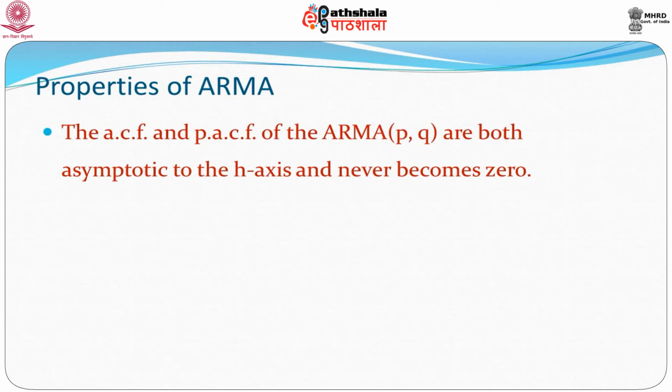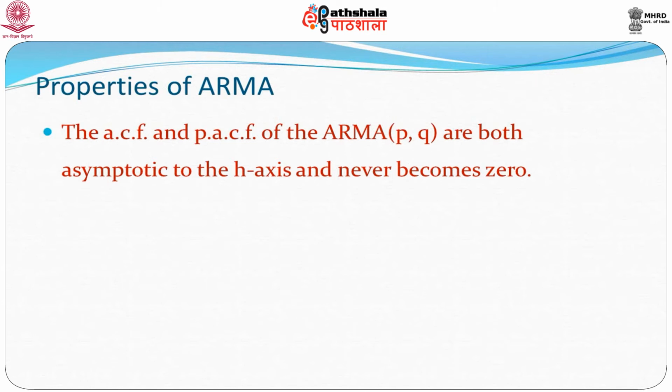Now, generalizing this for an ARMA process, the ACF and the PACF are both asymptotic to the h axis and never become 0. So, it borrows from both the AR and the MA. Remember that for the MA the ACF was equal to 0 beyond q, but the PACF was not equal to 0 anywhere.